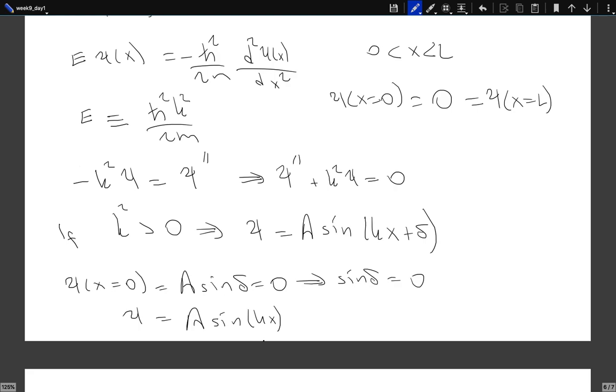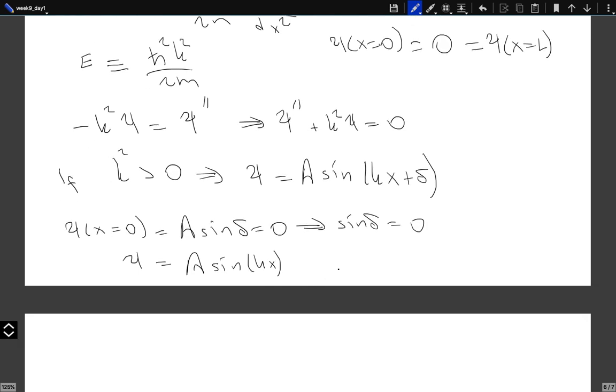What do you mean by linearly dependent? Here. Well, you see, if you just open that sine, what do you get? ψ is A sin kx cos δ plus A cos kx sin δ. Sin δ is just 0.